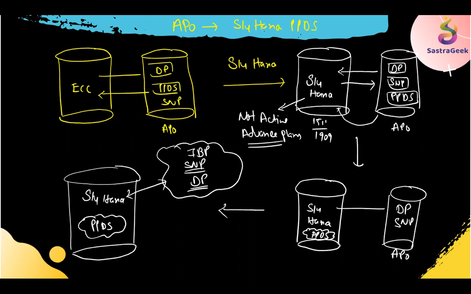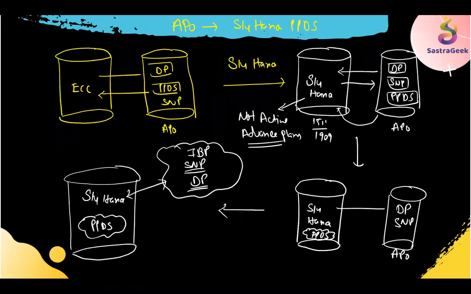For clients already working with APO PPDS, they can switch to S/4HANA and integrate with APO PPDS without activating advanced planning in S/4HANA. In later sprints, when they decide they want to get rid of APO, they can decide one by one and put the strategy in place to move those PPDS to S/4HANA.